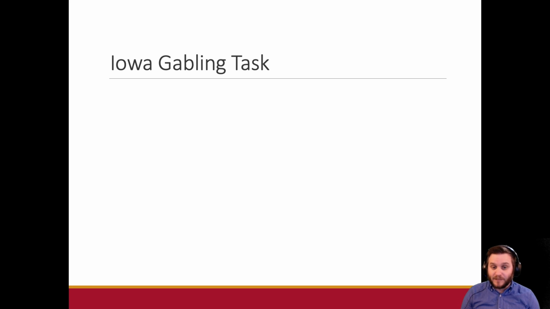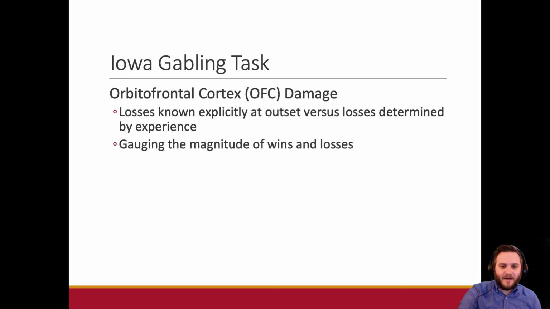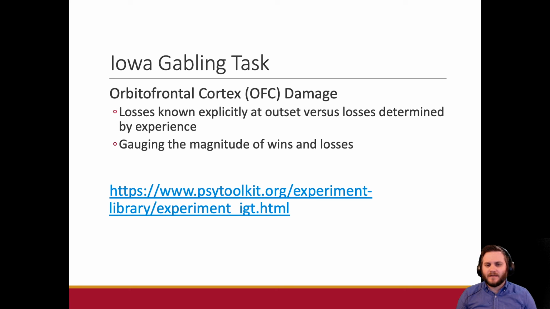Gambling Task. And if you were in learning last semester, Katie tried to win some money. Go to this link if you want to try to beat the system or determine what the pattern is.